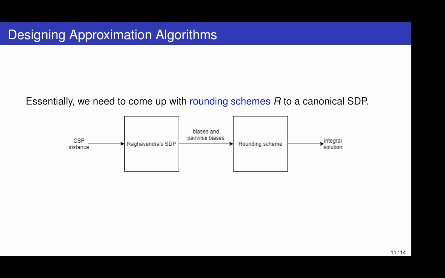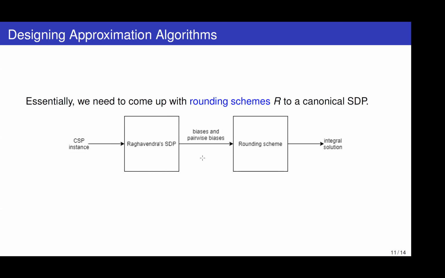So how do we design approximation algorithms to show that presidential type predicates are approximable? Our algorithm has 2 steps. The first step involves a canonical semidefinite programming relaxation by Raghavendra, which is essentially optimal under the unique games conjecture.